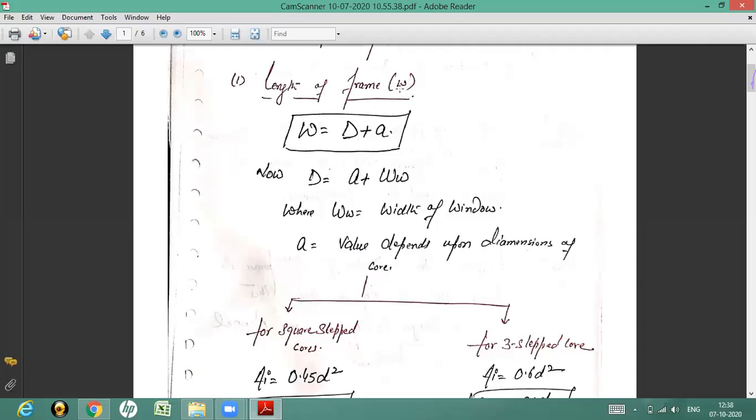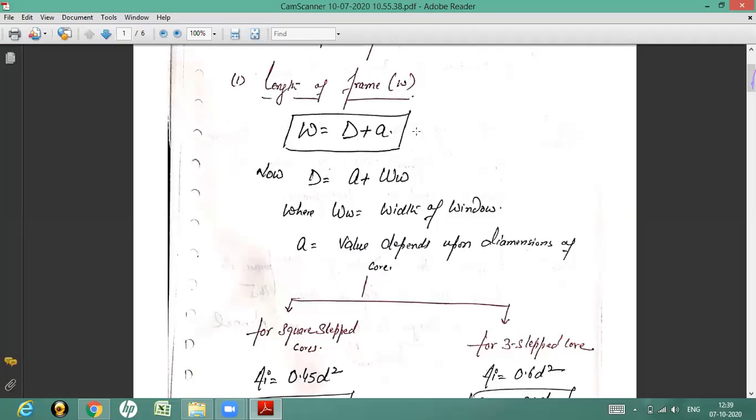And this length of the frame is equal to capital D plus A. This capital D is the distance between the two core centers, and the formula is capital D equals small a plus WW. Here, WW is the width of the window, this value you had already calculated previously.